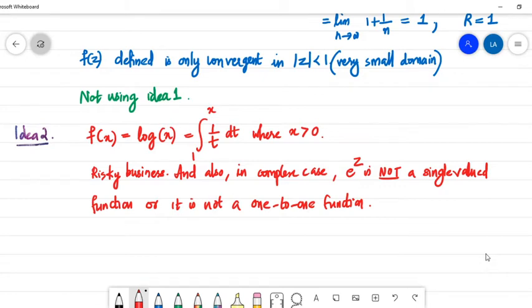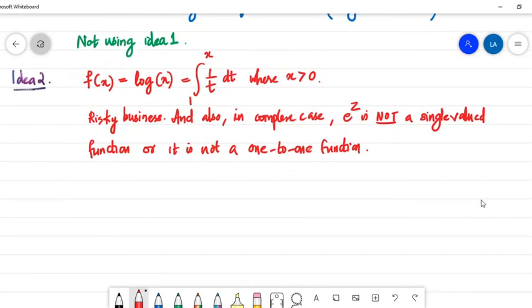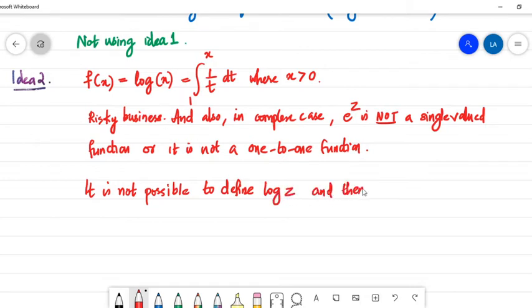So, as it is not a one to one function, it is often not possible to define a log z like in this idea 2 and then take the inverse function to define log z as the inverse function of e raised to z.